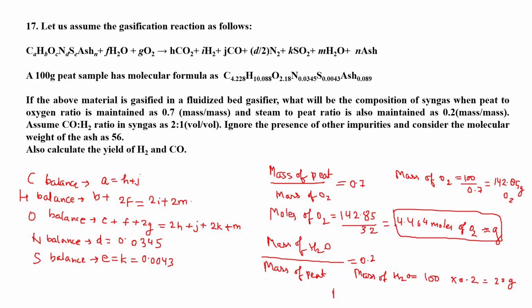So moles of H2O will be 20 upon 18, which will be giving us 1.111 moles, which is the value of F. This value of F is the moles of hydrogen used per moles of peat.